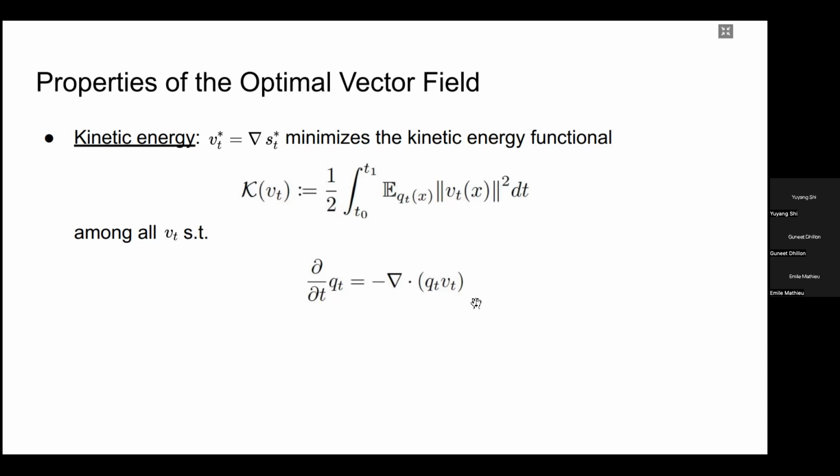I should clarify. Basically, one can maybe already see here that this optimal v_t star is moving the least from distribution to distribution.